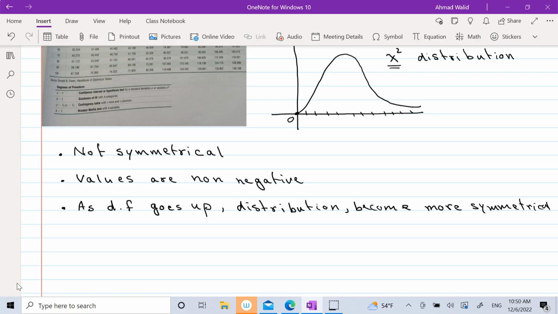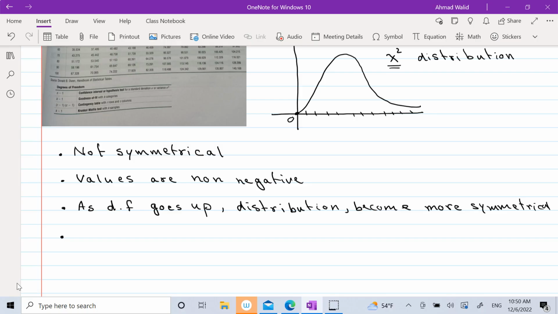Does it ever become symmetric, this graph? No. The actual way to say it in mathematics is that as degrees of freedom goes up, your graph approaches a symmetrical shape but never reaches it. The shape is almost kind of symmetrical, but still it's not symmetrical.